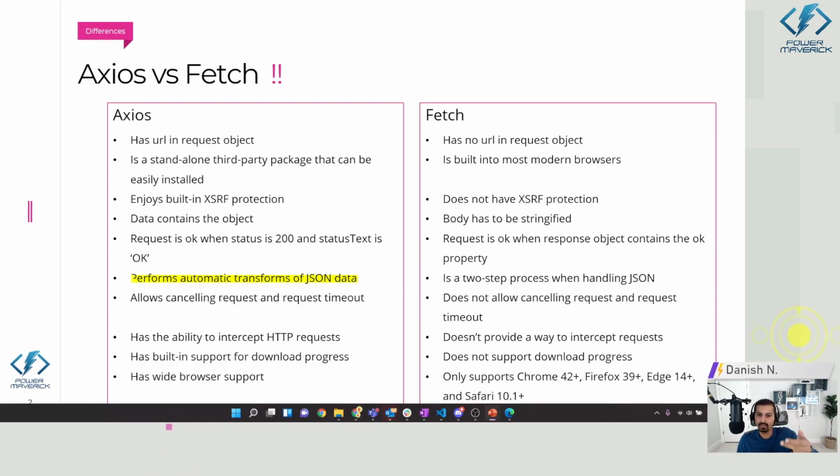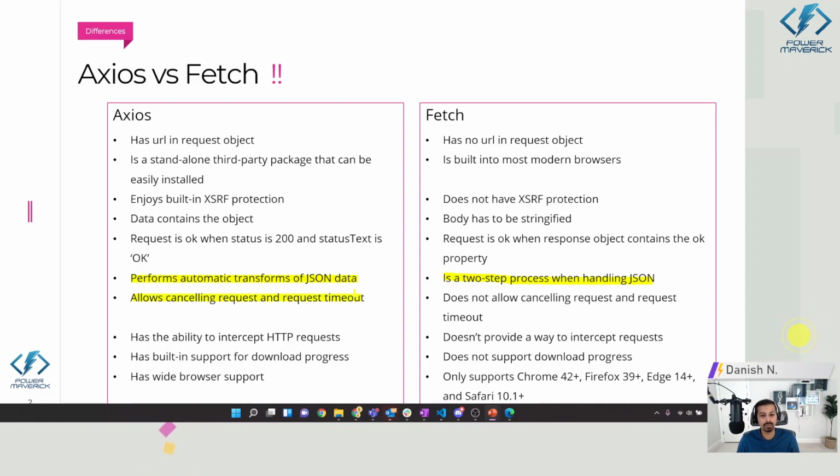We queried the API, we got the response, but when we do response.json, we still have to do an await on response.json because it's a two-step process, and that is what is shown here. We have the two-step process, but for Axios, everything that we get is always JSON.